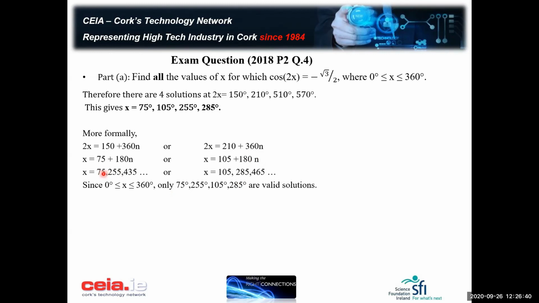Generally, there'll be 75, 255, 435, and so on, adding 180, or 105, 285, 465, and so on, adding 180. But you only take solutions between 0 and 360 degrees, and only the first 2 solutions there are in that range, and only the first 2 solutions there are in that range. So you take those four answers.